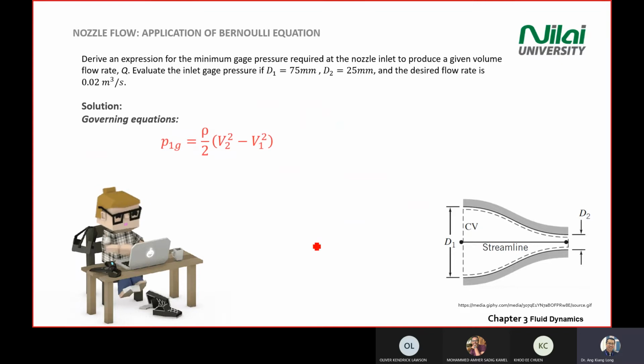So we can come back to this equation here, and we write what we know. This is the equation we derived just now for our gauge pressure in terms of rho V square. And we know that the mass flow rate is the same when we apply the continuity equation. When we apply the continuity equation, we find that the flow rate Q is the same for 1 and 2.